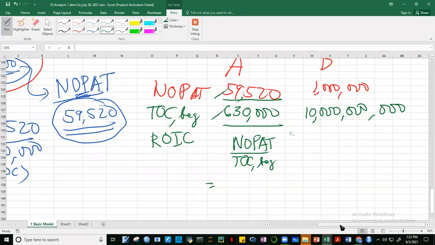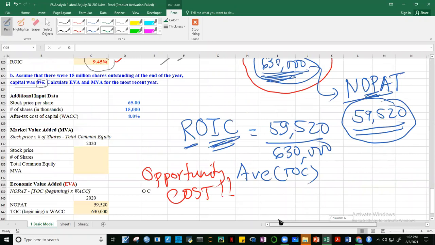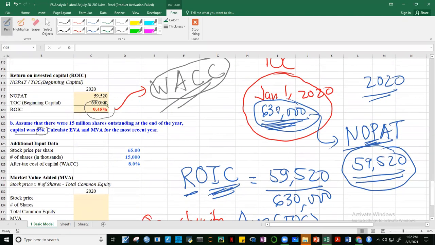The story here, guys, is this. Management was given 630,000 at the beginning. How much operating profit did it generate? It turns out it generated 59,520, and we don't just measure the absolute value of 59,520. We look at how much profit it generated per 1 peso of beginning capital. So it's 9.45%.